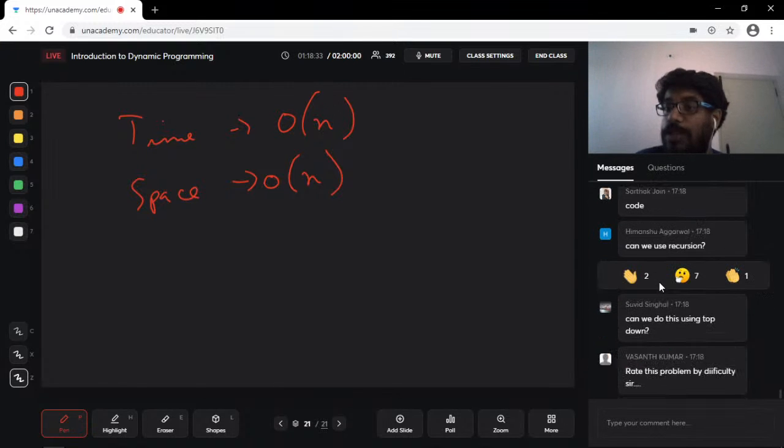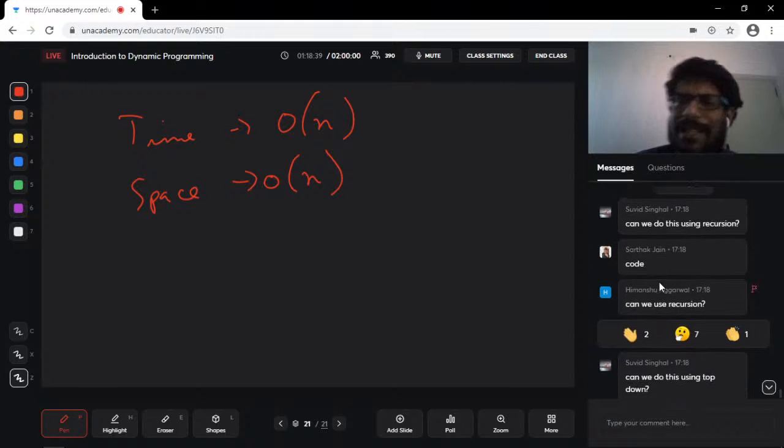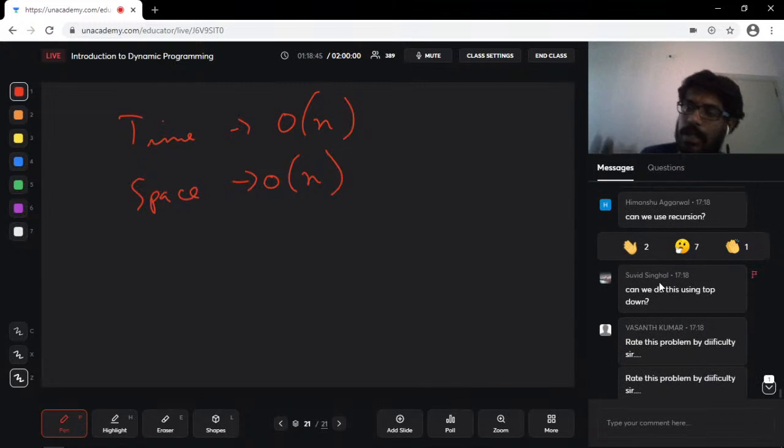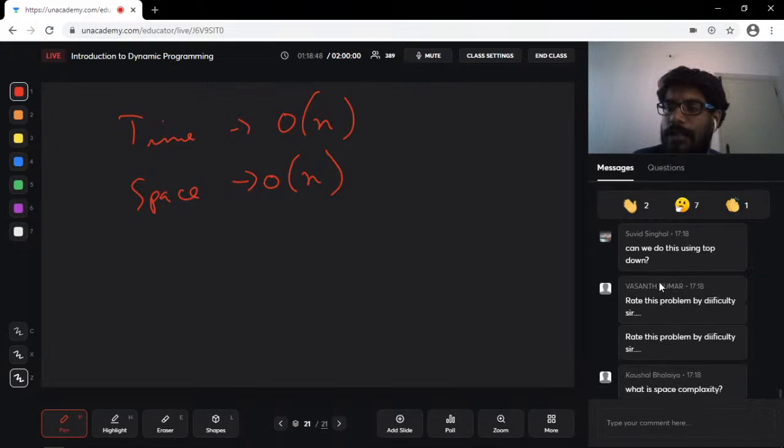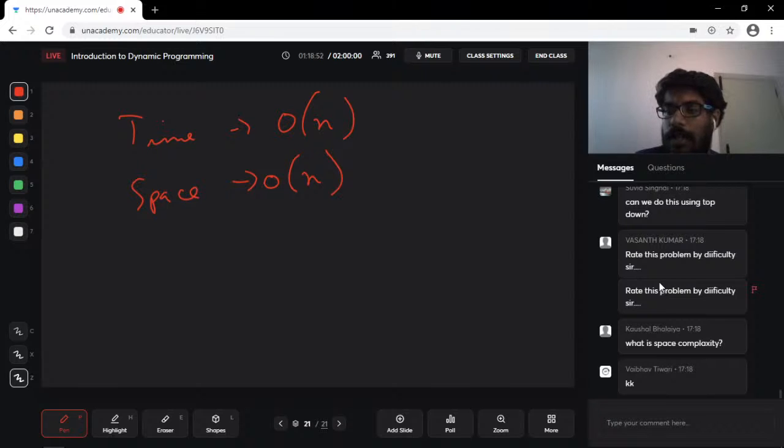Yeah, you can definitely do this using recursion as well, which is just top down. But then it'll be recursion and not dp. You can definitely do it. No question. The base case will just be inside the recursion, and it will definitely work. So recursion and dp are very often interchangeable. dp kind of relies on recursion in a sense.